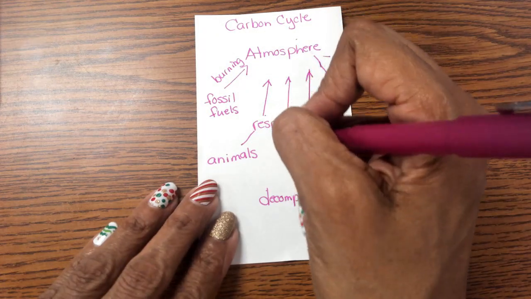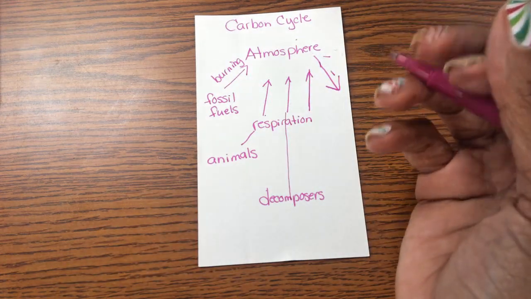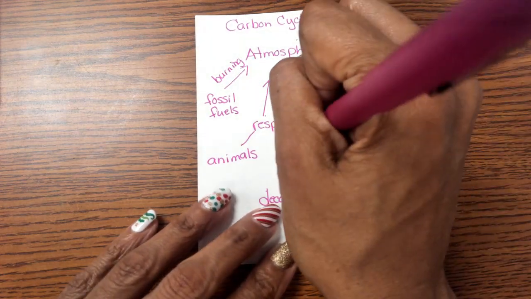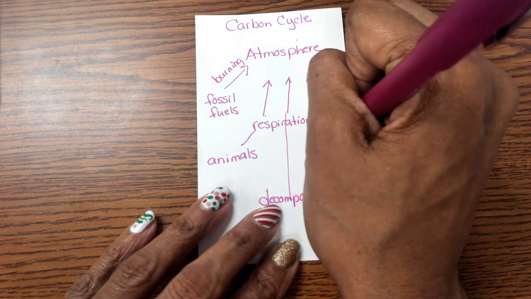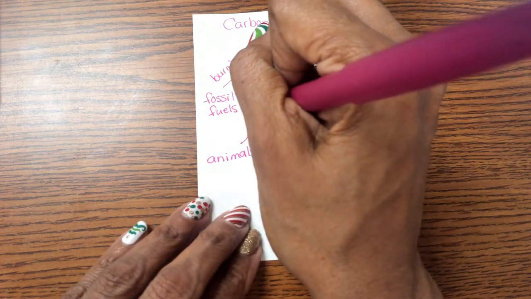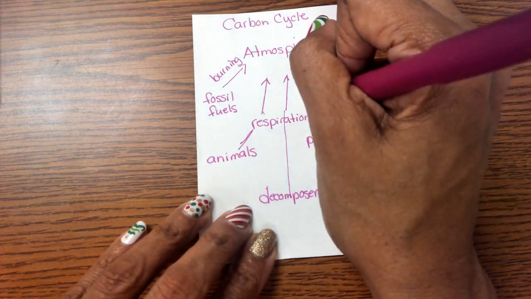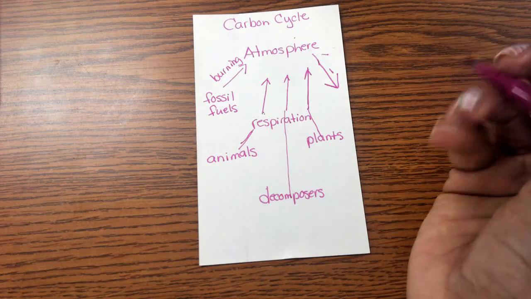So I'm going to draw this arrow right here. And then over here we have plants. Okay.